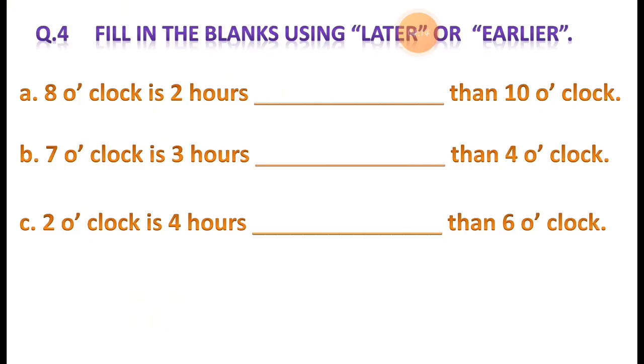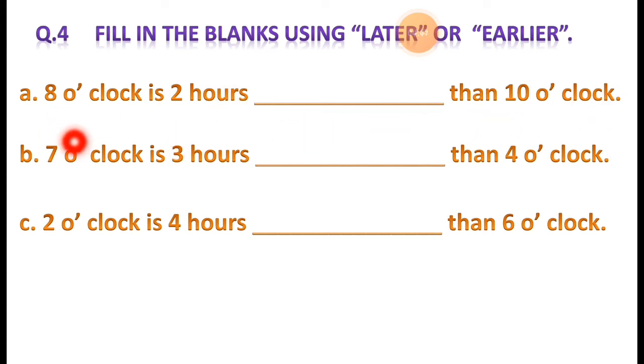Now the next question. See this. Question 4. Fill in the blanks using later or earlier. Later means after, and earlier means before. So question A. 8 o'clock is 2 hours dash than 10 o'clock.